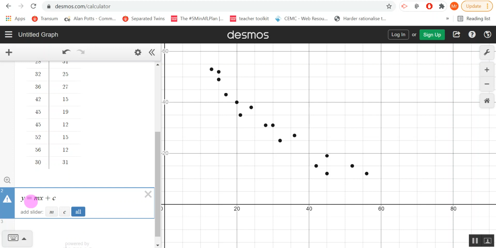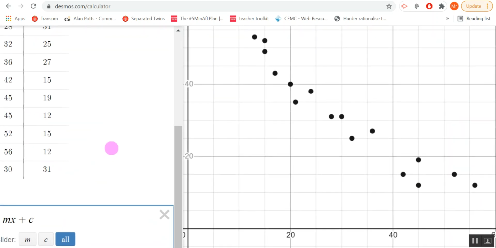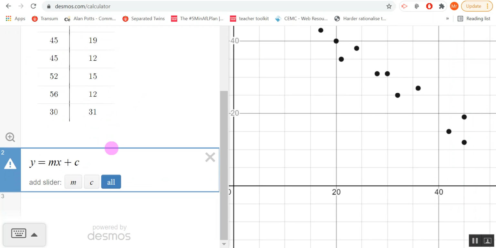If I do that, you can see it does add some things in. It does react to that, but there's a couple of different things. But it makes sense, the y equals mx plus c thing. So I get you to type that in now. Type in y equals mx plus c. Can I zoom in? I can. There you go.